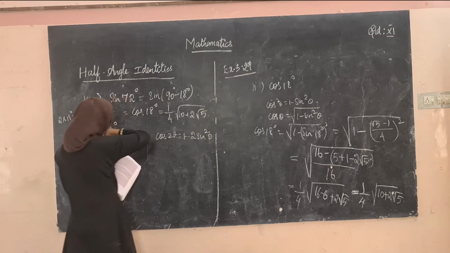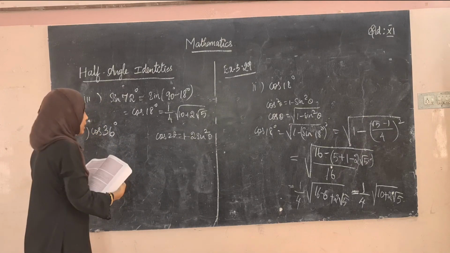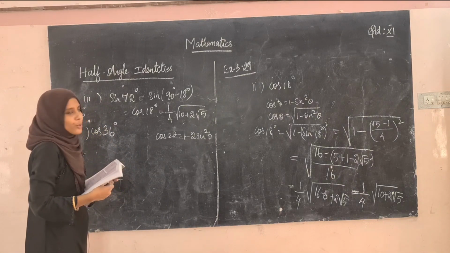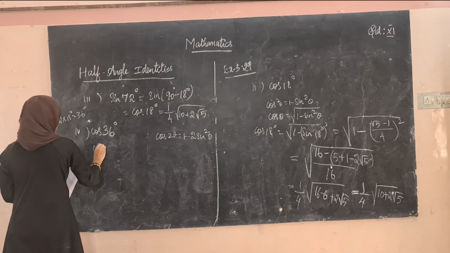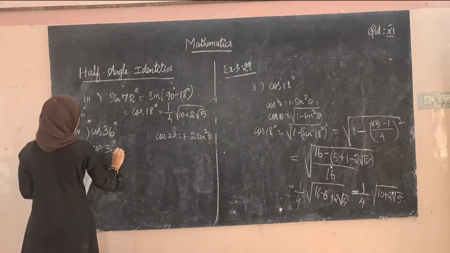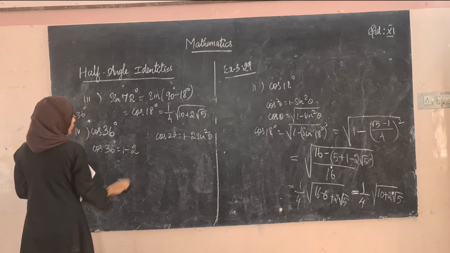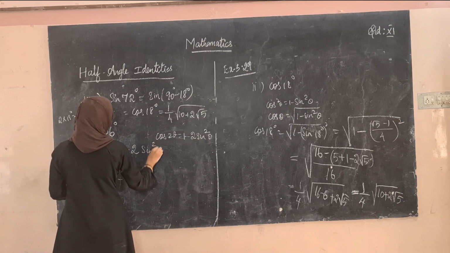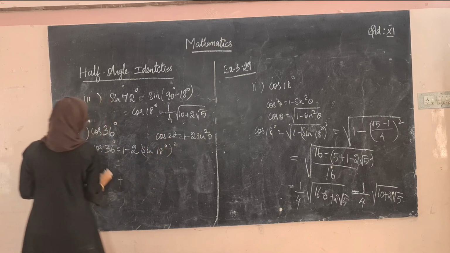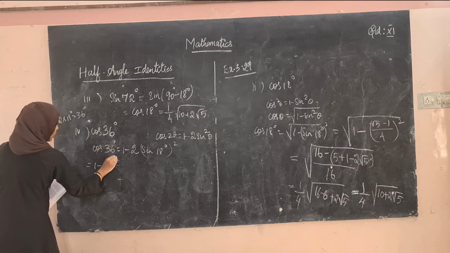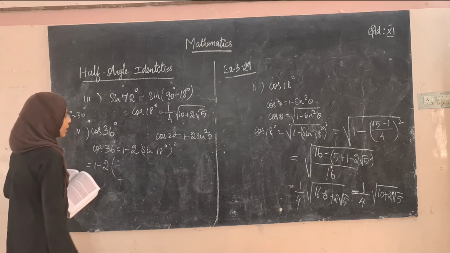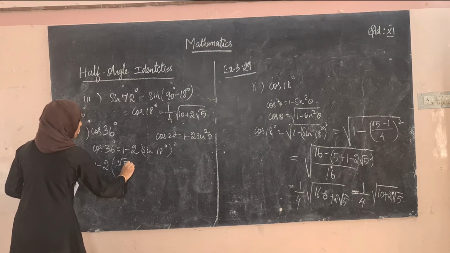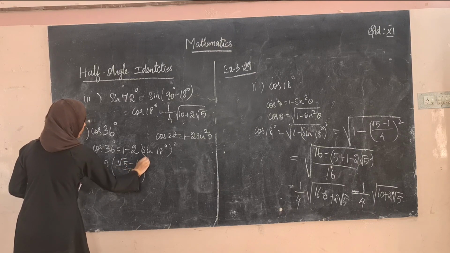You can take any form of the formula. So cos 36 degree is equal to 1 minus 2 into sin square 18 degree, that is sin 18 degree the whole square. This is equal to 1 minus 2 into, what is sin 18? Root 5 minus 1 divided by 4, the whole square.